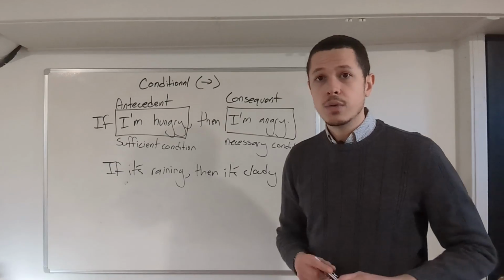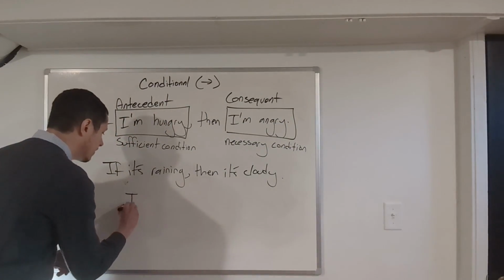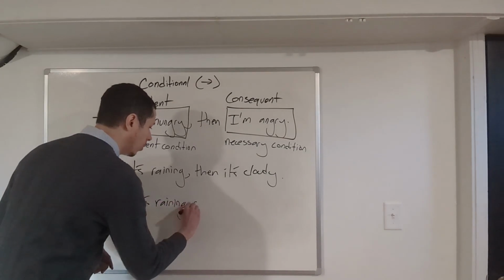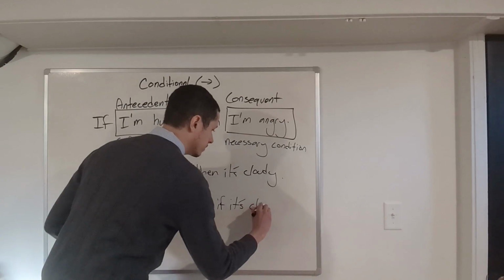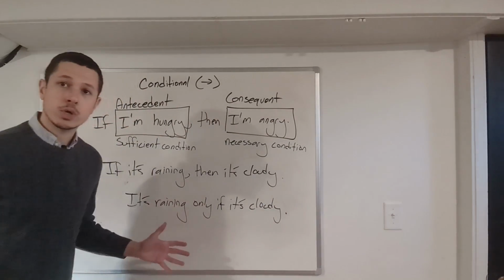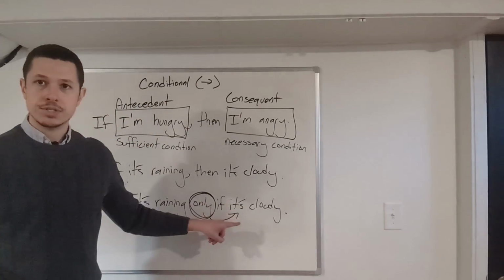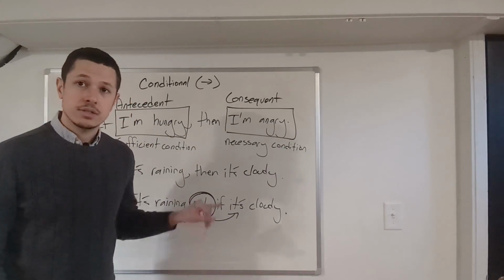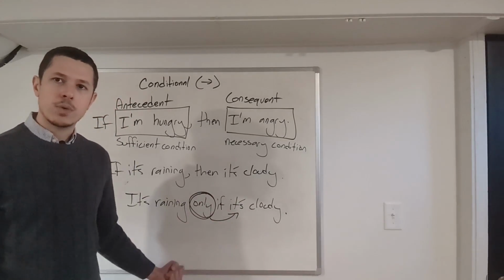Okay, then the last thing that I want to talk about here was the "only if" stuff. So I said that this is equivalent: it's raining only if it's cloudy. Notice that these are equivalent because the word "only" here is just picking out that this is a necessary condition. That's what "only" means. So it's raining only when it's cloudy, which just means that were it to fail to be cloudy, then it would not be raining.